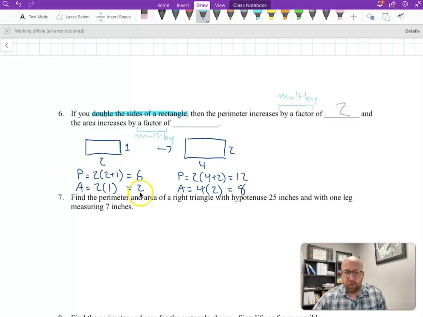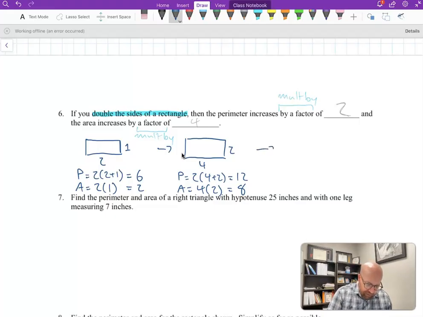To go from 2 to 8, what do you have to multiply 2 by to get 8? The answer is 4. Now, this is true for these two rectangles. Is it always true? That's my question.